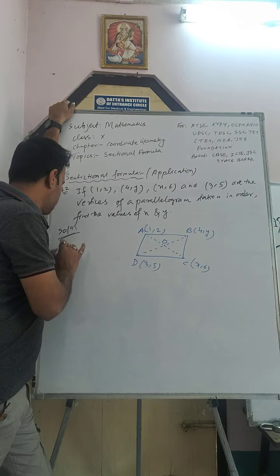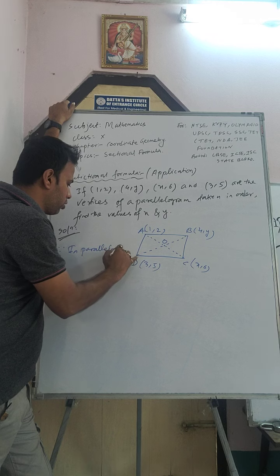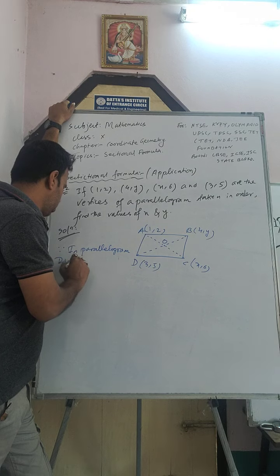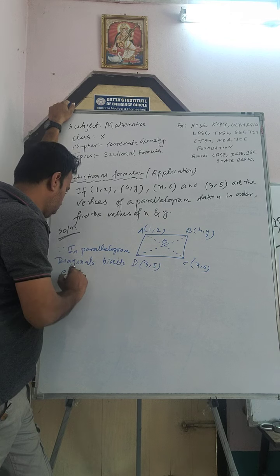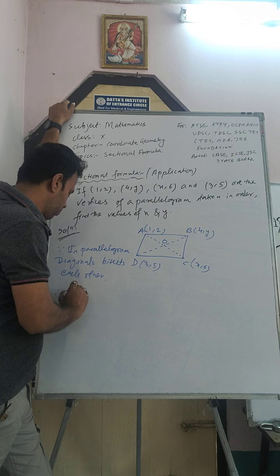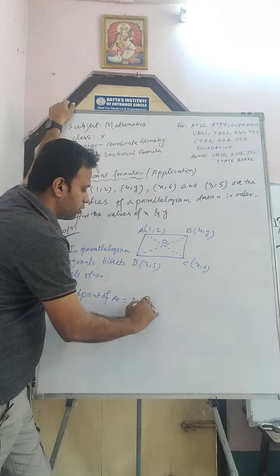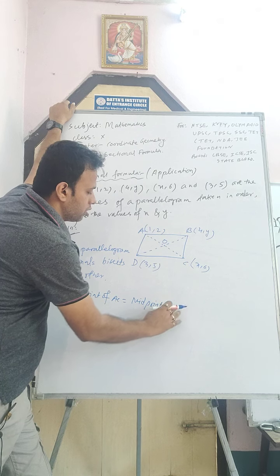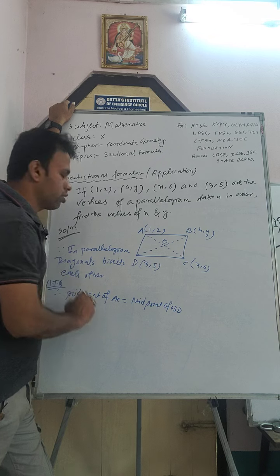Okay, so since in a parallelogram you can write the diagonals bisect each other, therefore midpoint of AC is equal to midpoint of BD, or you can say here you can write according to the question also.